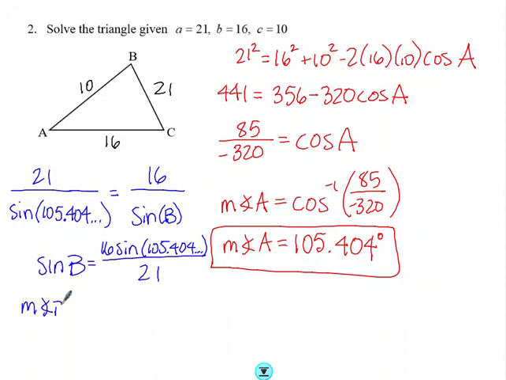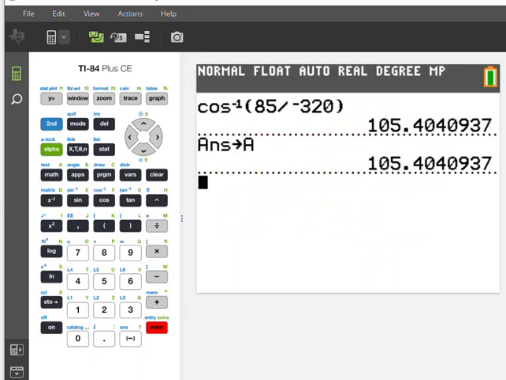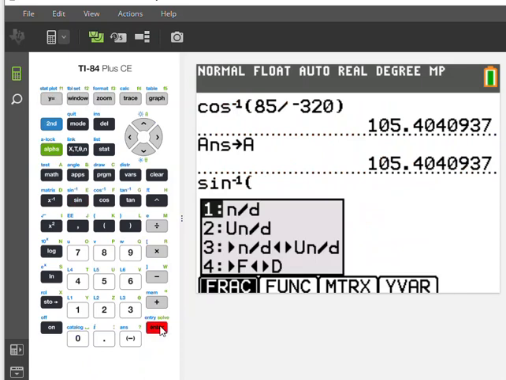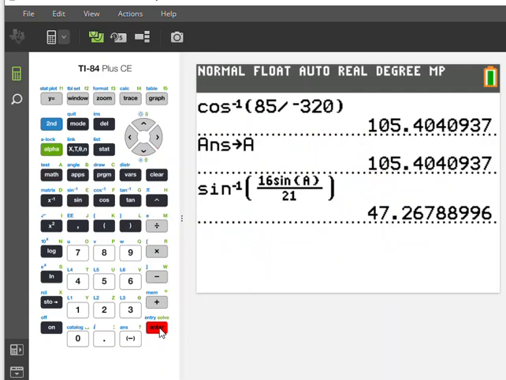So the measure of angle B is the inverse sine of that fraction. I'm going to plug that in the calculator: inverse sine of the fraction 16 sine of A over 21. So I have that the measure of angle B is 47.268 degrees.